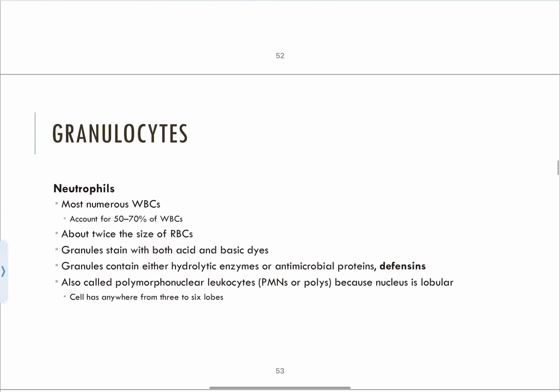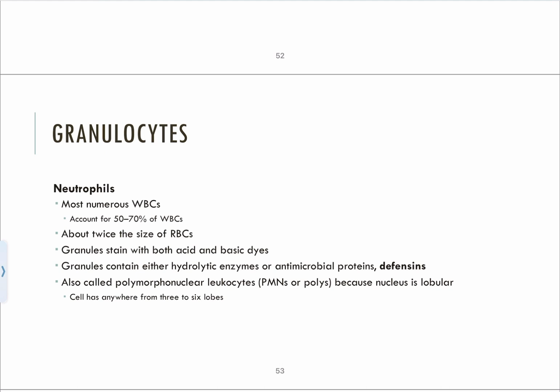So let's start with our first granulocyte, which is a neutrophil. Again, this is our most numerous white blood cell that we have, accounting for anywhere from 50 to 70% of our leukocyte population. They're typically about twice the size of any erythrocyte, and those granules that they have in their cytoplasm can stain with both acidic and basic dyes.